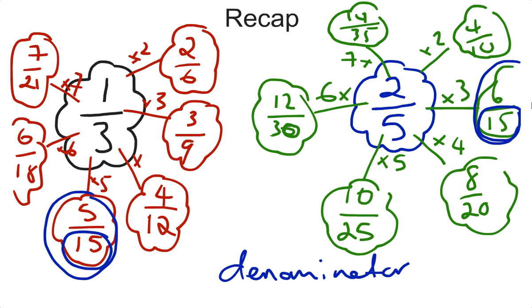So here is the next example, and we're going to continue from the previous one where we had 1/3, and we're going to add it to 2/5. Now here's a very important note, so I'm going to do this in a bubble here.